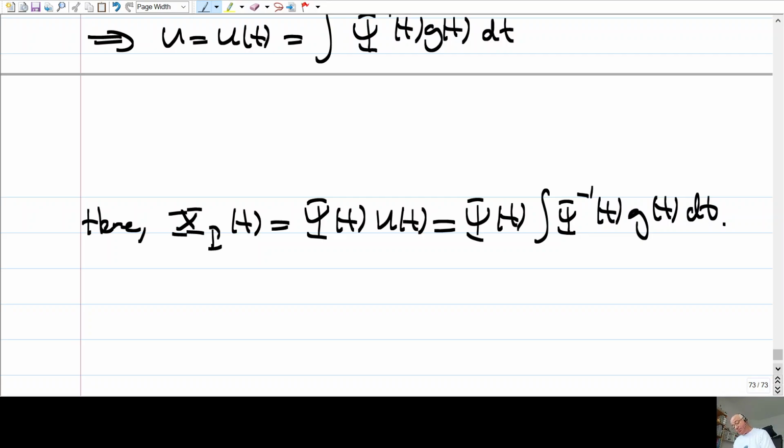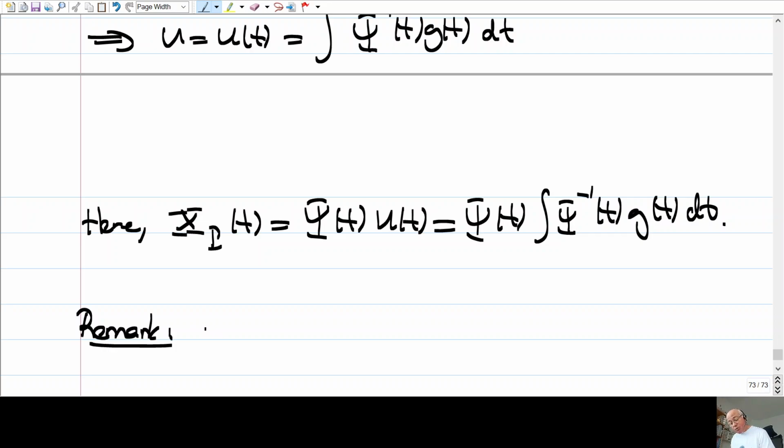Well, next time I'll do some examples related to this. I don't have much time, but let me just make the following remark. This is not actually something surprising. I mean, we have seen this method before.